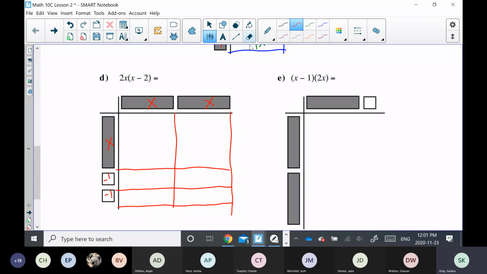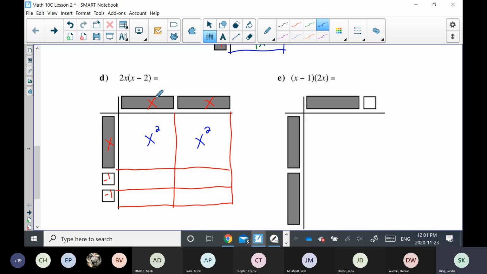Okay, once you have that, you should be able to look at this and say, okay, I see squares and I see rods, and then you just have to figure out, are they positive or negative? So X times X is X squared. X times X would be X squared, so these two are X squareds.